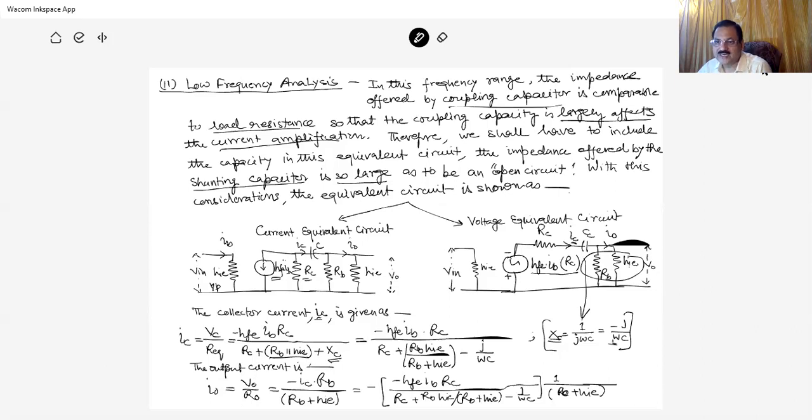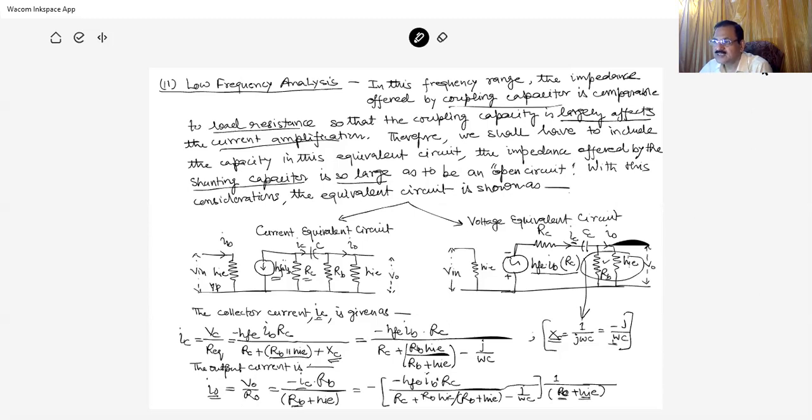So the output current IO is equal to output voltage upon output resistance. That is the output resistance, I see the current flowing across the RB. RB is this part. This part is the current flow, and this is HFE times IB into RC upon RC plus this part minus J omega C, and this is RB plus HIE.